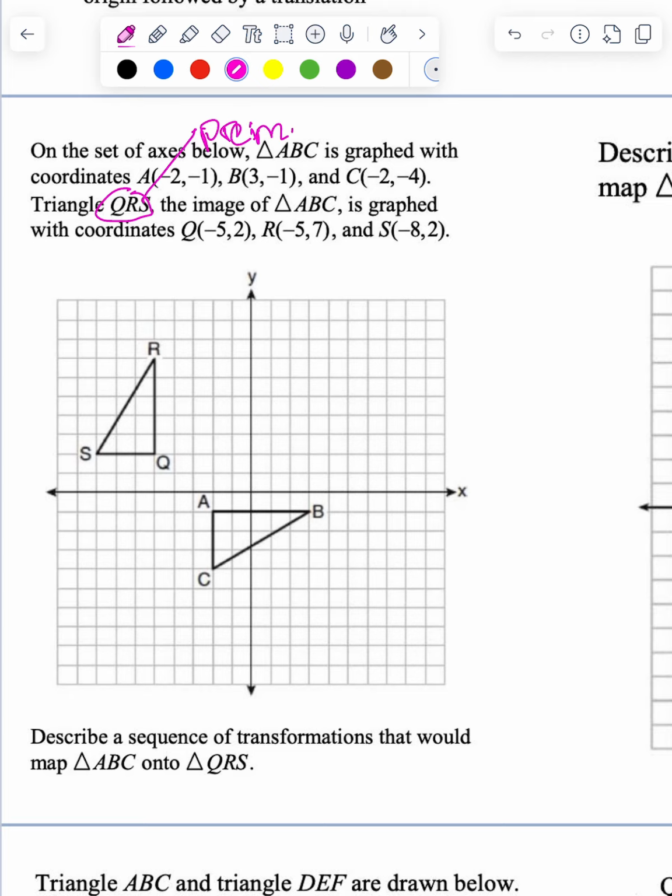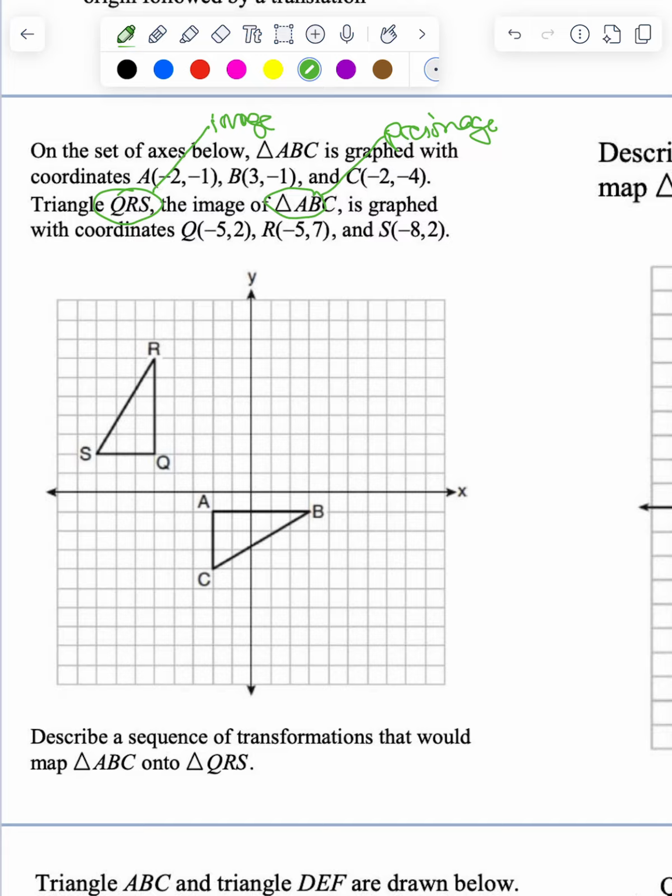Sometimes that wording can be a bit tricky, but we need to know what direction we're moving in. Oh, sorry, I totally misread that. It says triangle QRS, the image of triangle ABC. So this is the image, and triangle ABC is the pre-image. Almost just got that question backwards there. So triangle ABC is turning into triangle QRS.